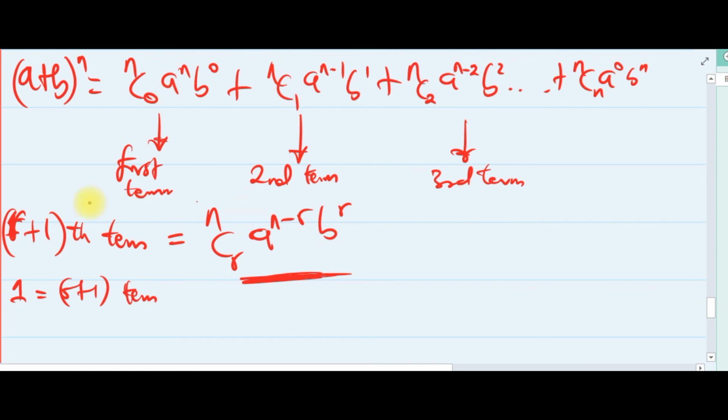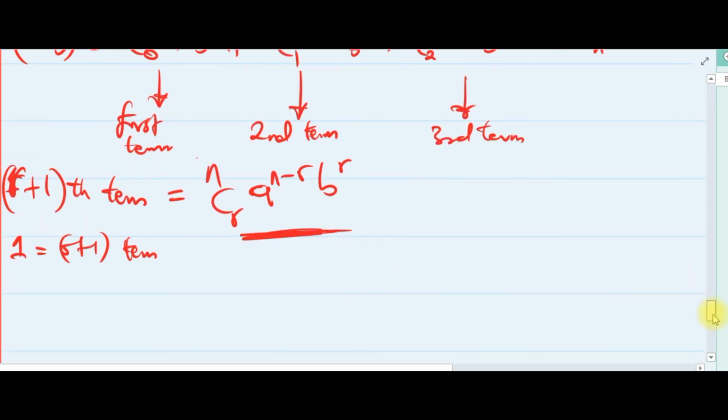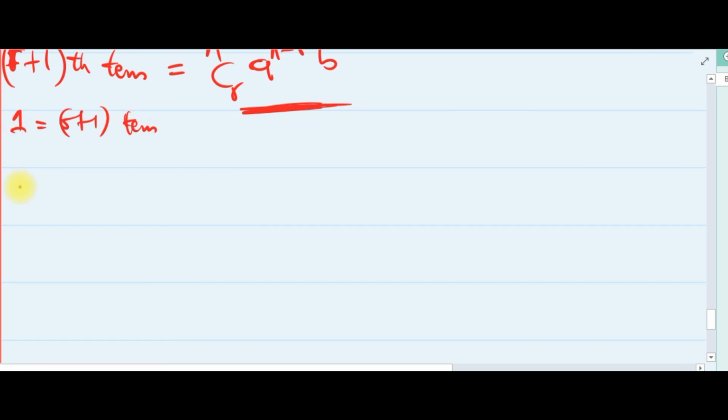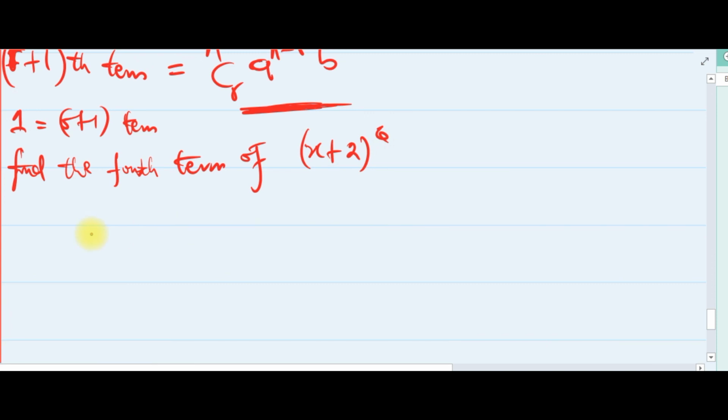We just pick our r depending on the example. I'm saying that if you are asked to find, maybe, the fourth term of x plus 2 raised to the power 6, you don't need to waste time to get all the terms and from there pick the fourth term.